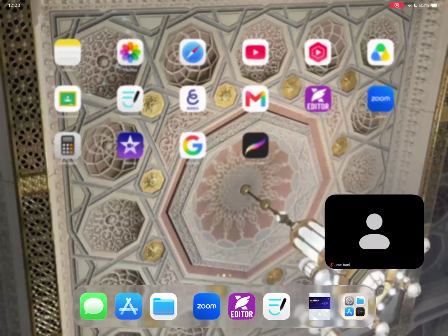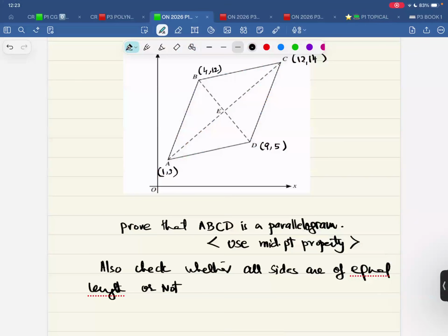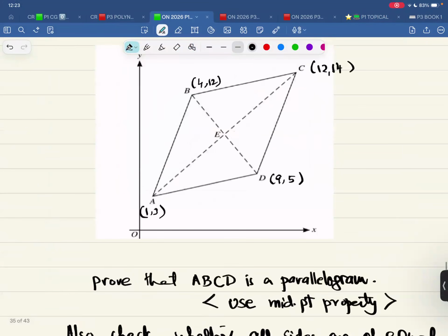So now, people, I need to check whether it's a parallelogram or not. So the midpoint property is the best. Let me write A over here, which is 1, 3. Let me write C over here, which is 12, 14. It's not necessary that they always give a diagram, but the main thing is the first and third, that is a diagonal.